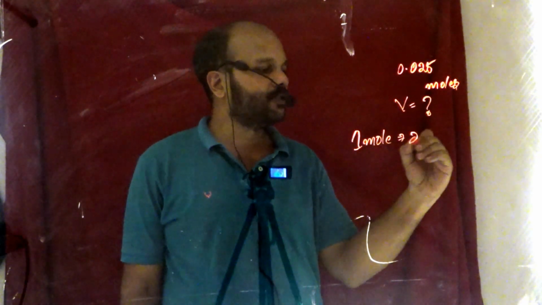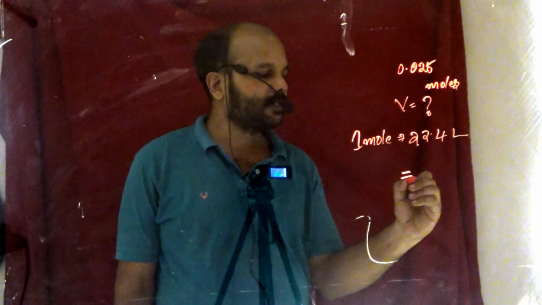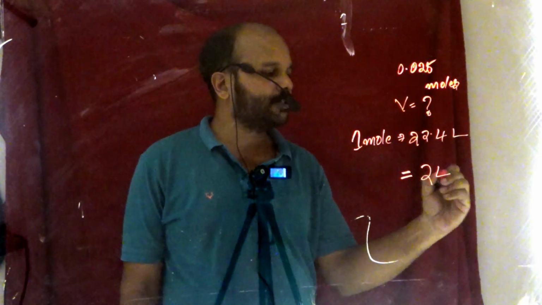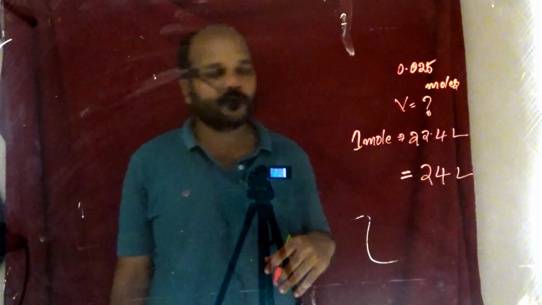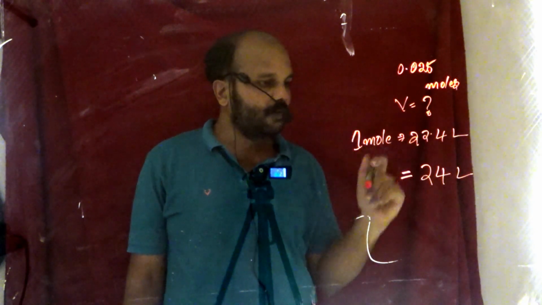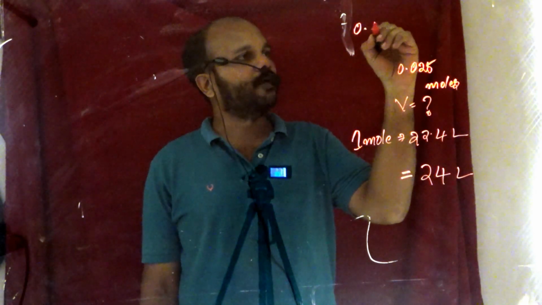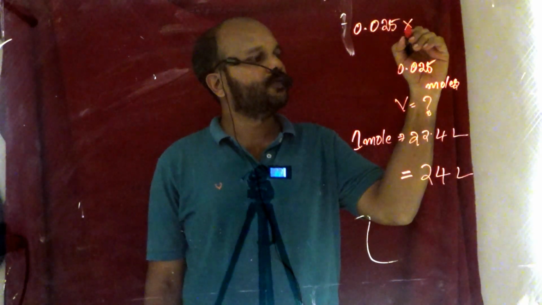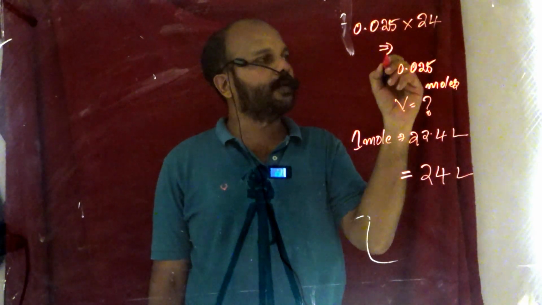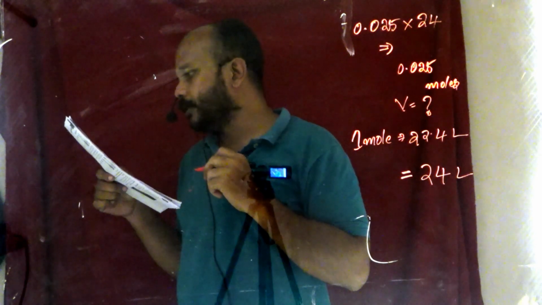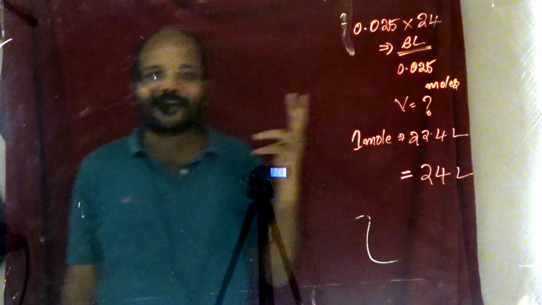I told you 1 mole occupies 22.4 liter, but for easiness and for most calculational purposes, we can write it as 24 liter. So 1 mole is going to occupy 24 liter. So 0.025 mole is going to occupy 0.025 into 24, which is 6 liter. This is how we can calculate.